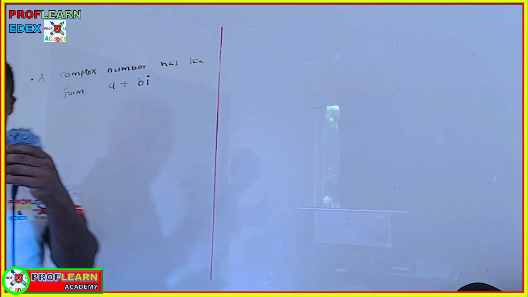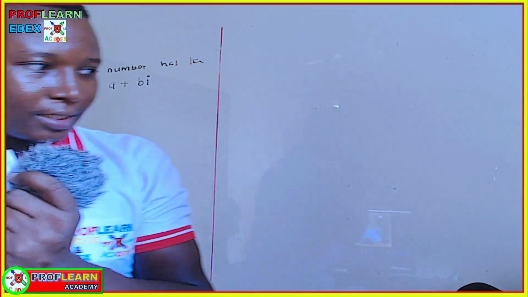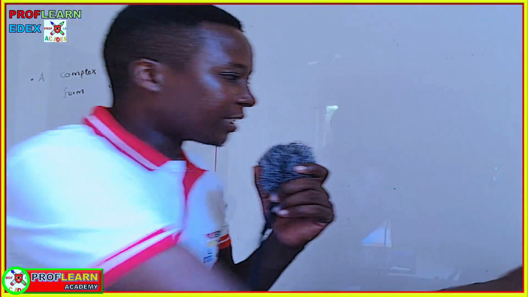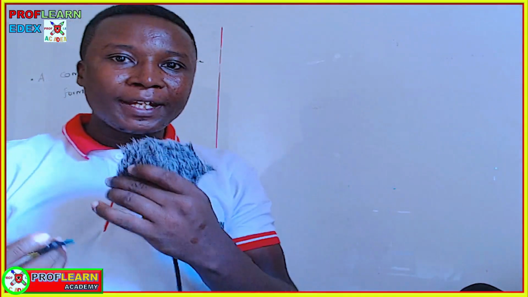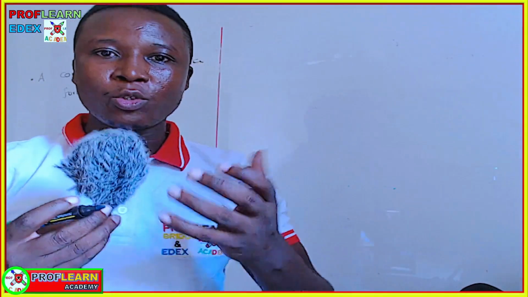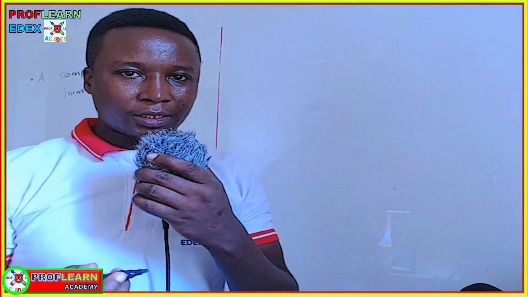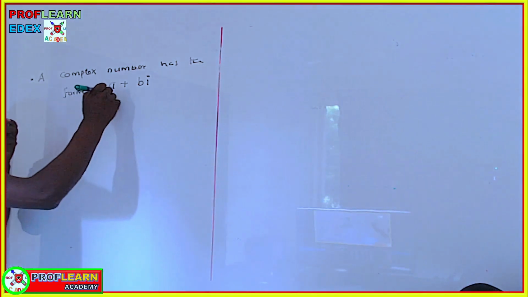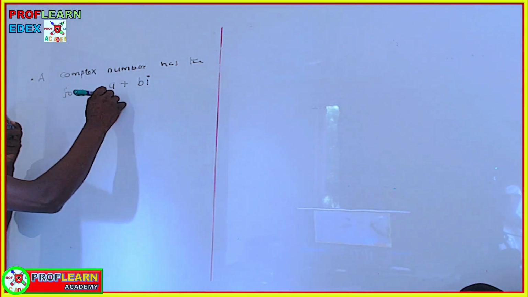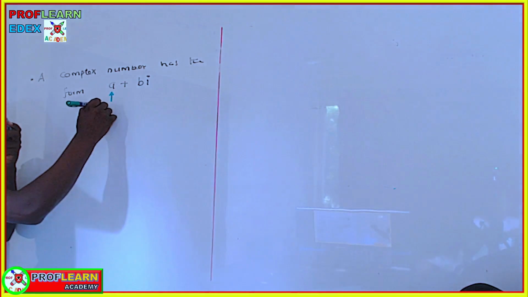So we need to appreciate the fact that complex numbers are an extension of real numbers, meaning there is some situation whereby you are working out a question to do with real numbers and you are unable to find the solution. For instance, when you are finding the square root of negative numbers, so that's where complex numbers come in.